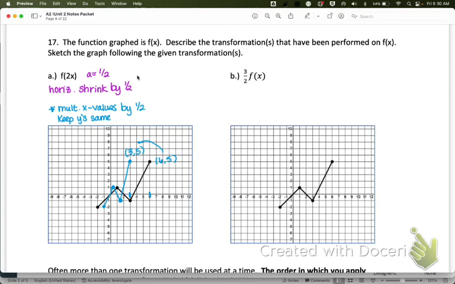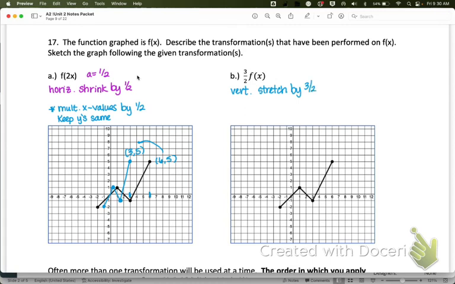So for B, this one is definitely vertical because it's on the outside. 3/2 is 1.5. We want 1.5 of every value. So that's a vertical stretch by 3/2. So that means, again, same idea.